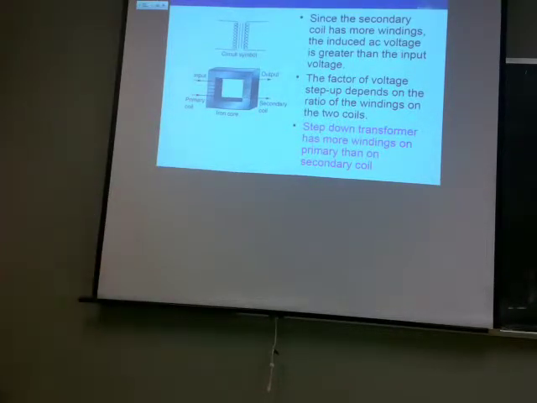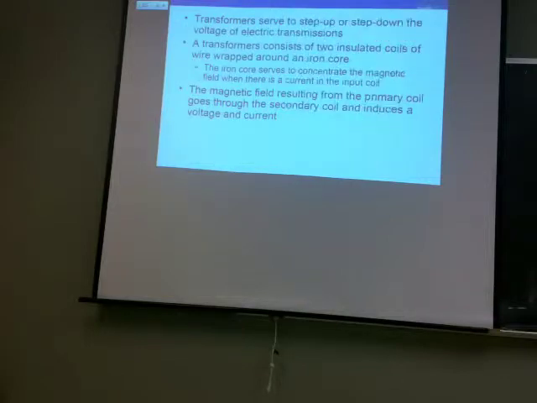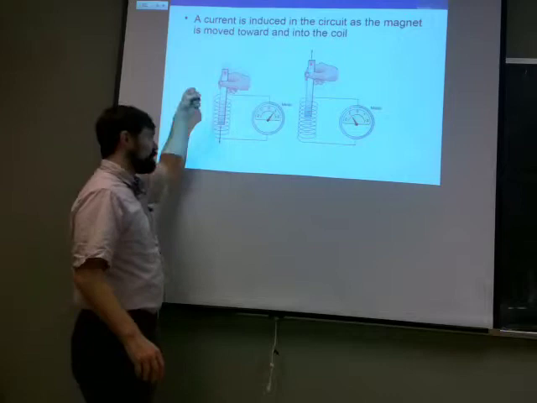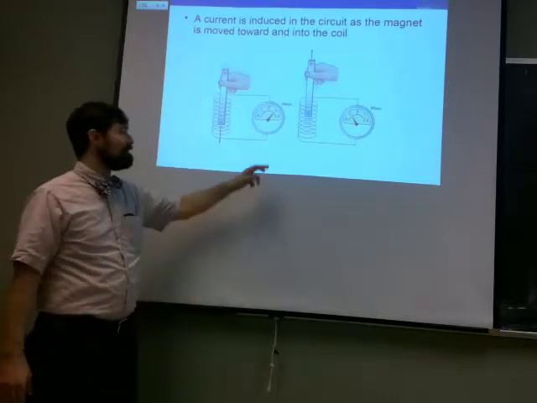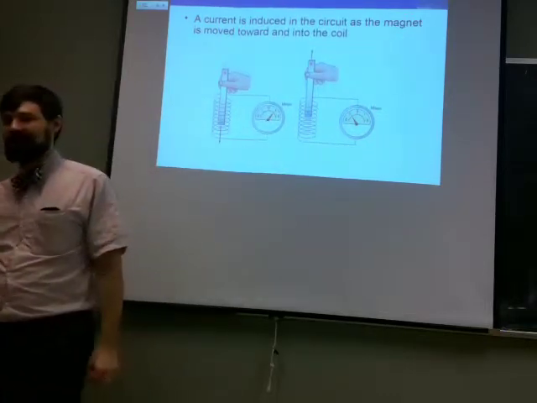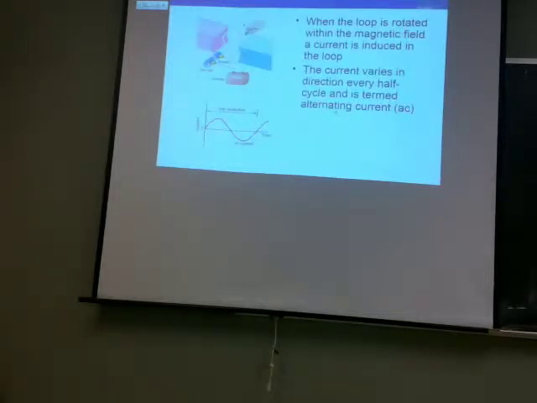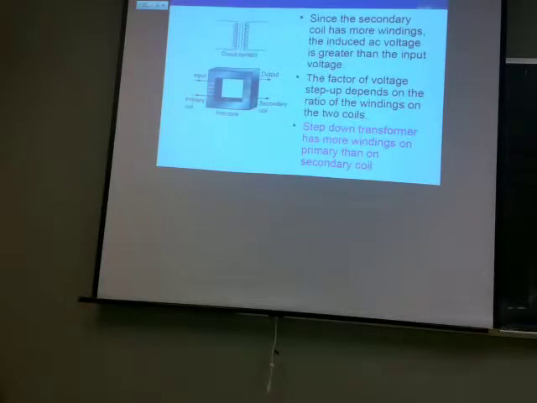Does the same thing, by the way, as what happens when you take one of these guys and move it closer or farther away from the coil. So you induce some sort of a current in it, you induce some sort of a voltage in it. It turns out that there's two basic forms of transformer.